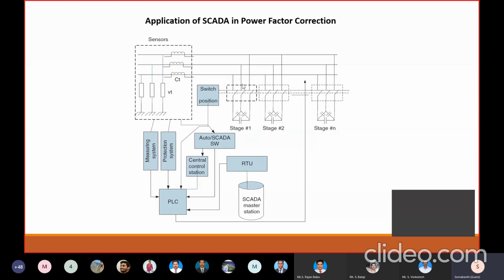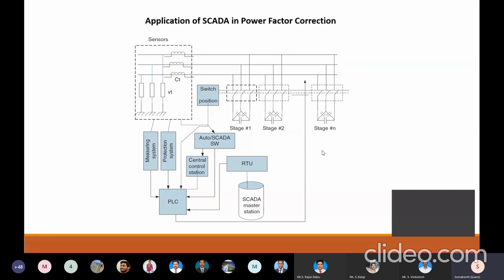This switch position is for the capacitors. Whenever the power factor is lagging, you have to switch on more of the capacitors. When it is leading, vice versa, the switch position can be altered. So this is the control over the power factor through SCADA.